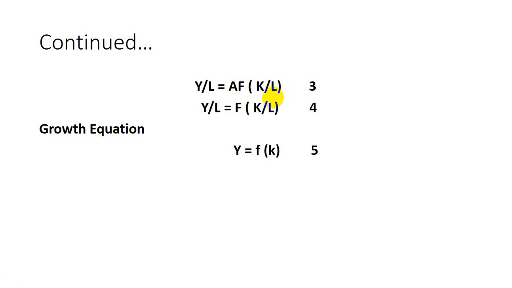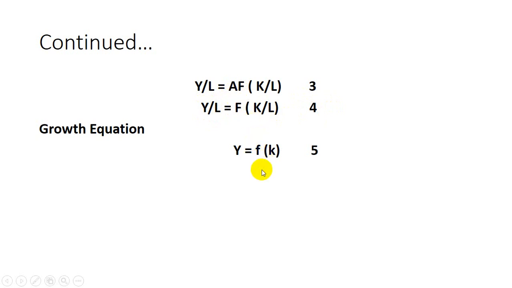Due to this reason, in equation 4, because we assume that A is constant, our function is that Y/L, output per worker, is a function of the capital labor ratio, because we assume that the technology is constant.